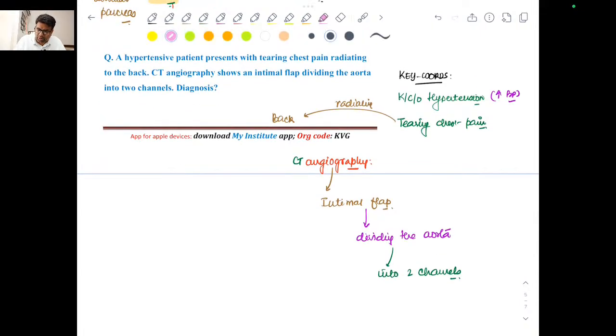Now, this point is very suggestive of aortic dissection. So this particular point, like chest pain, tearing through the chest, going to the back, between the two scapula, that is interscapular region, think of aortic dissection.